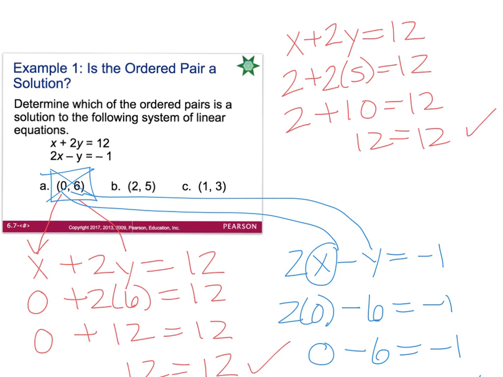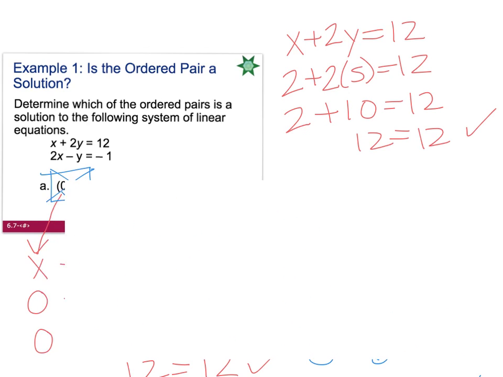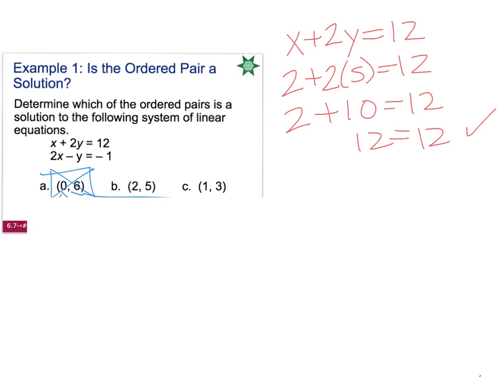I'm going to make a little room here. Let's get us some more blank space. Let's try it in our second equation.